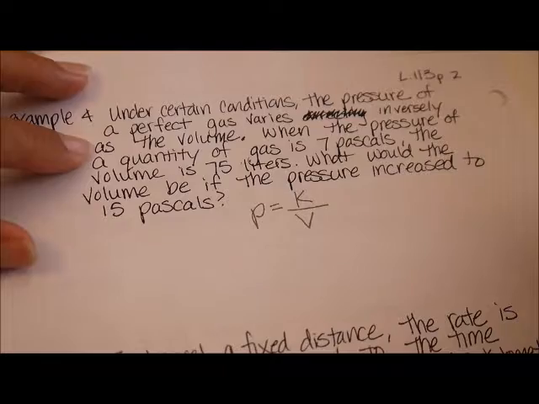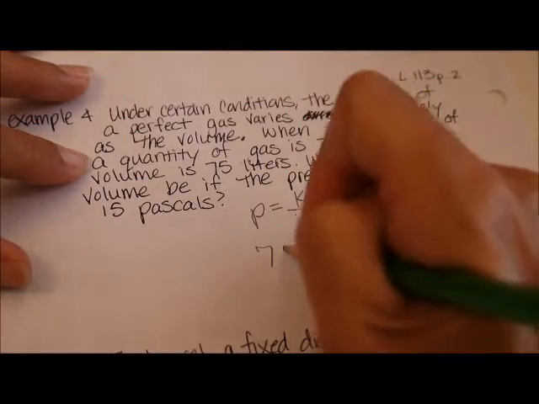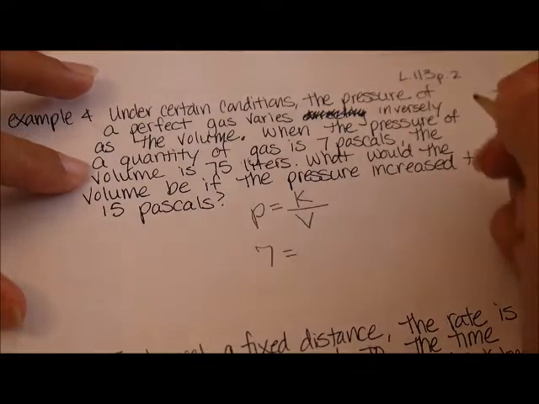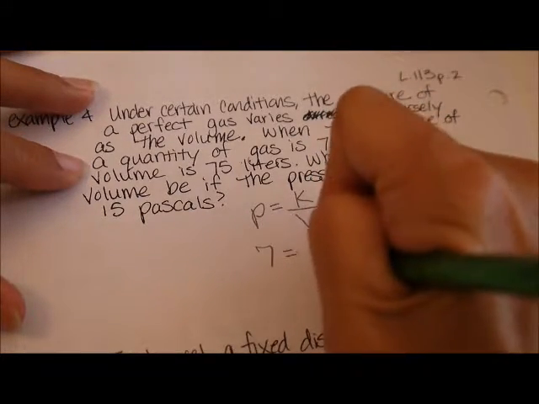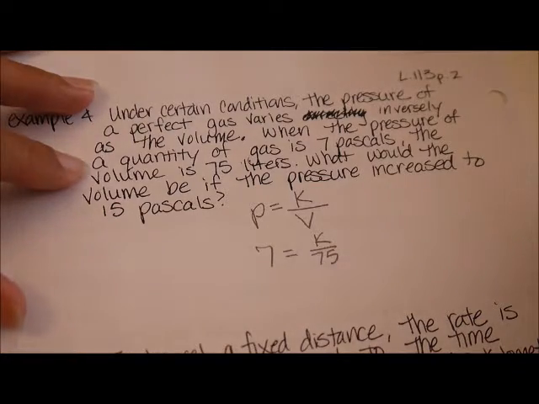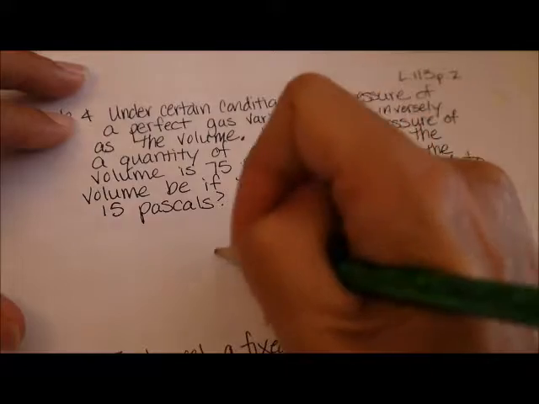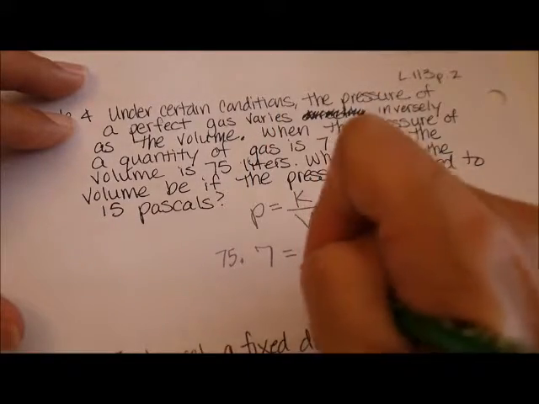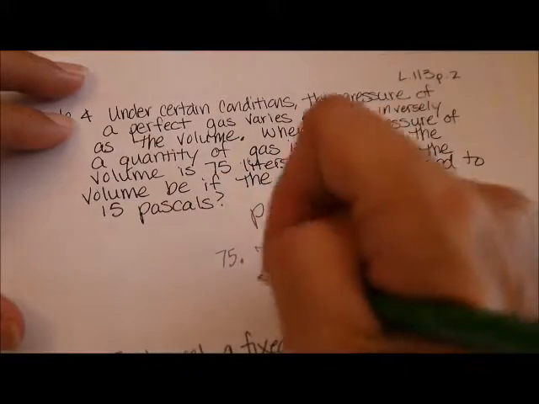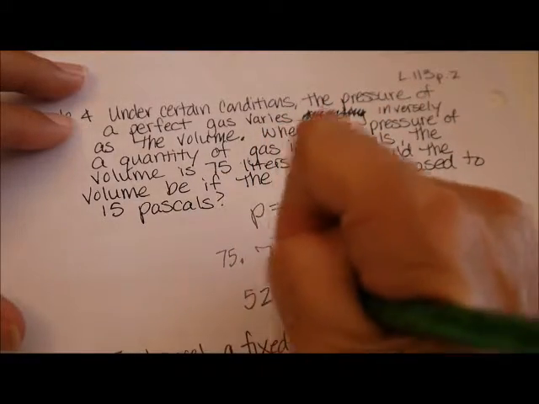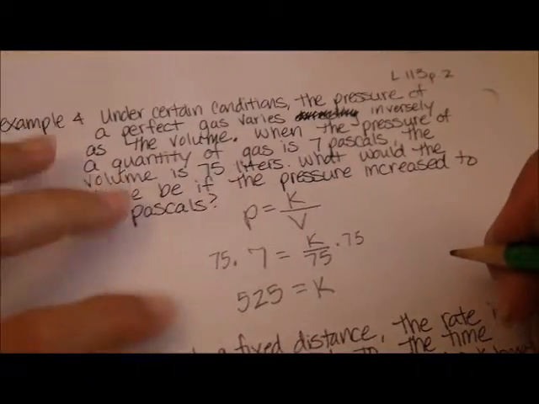So there's our equation. When the pressure of a quantity of gas is 7, the volume is 75 liters. There it is. Can we find K? Yes. We multiply both sides by 75. And 75 times 7, I'm totally cheating, is 525, so that's our K.